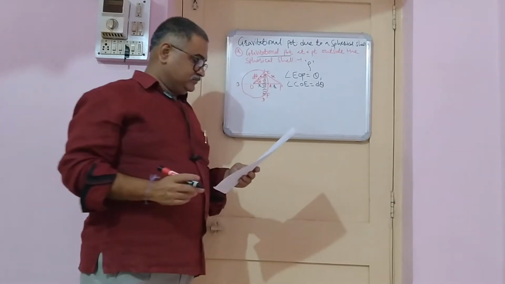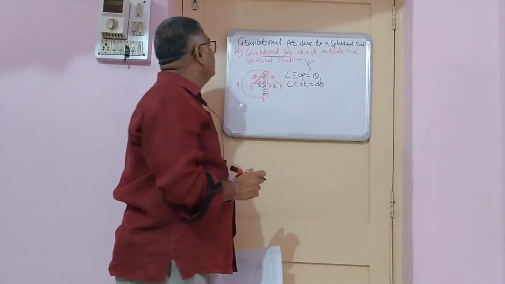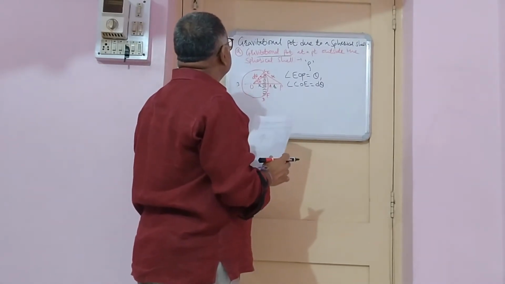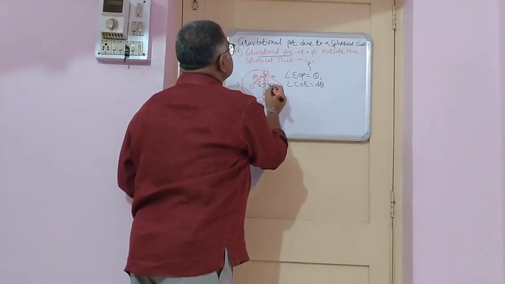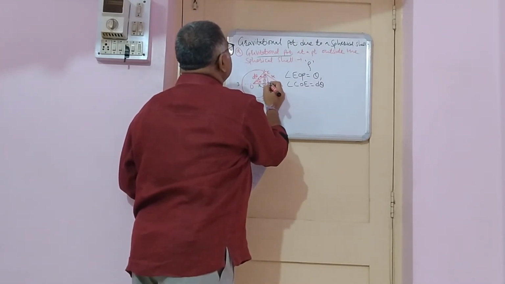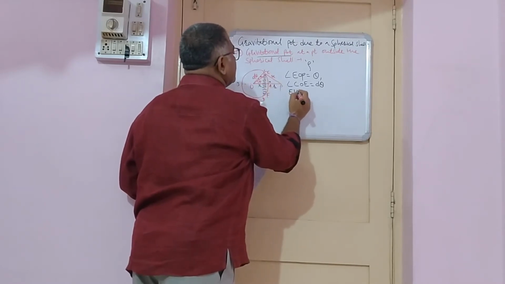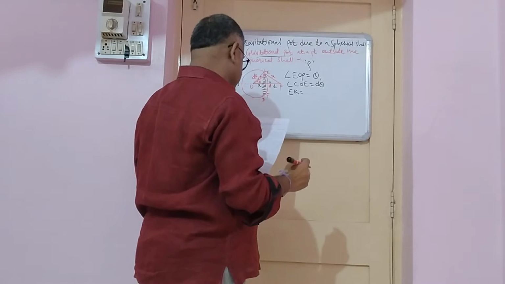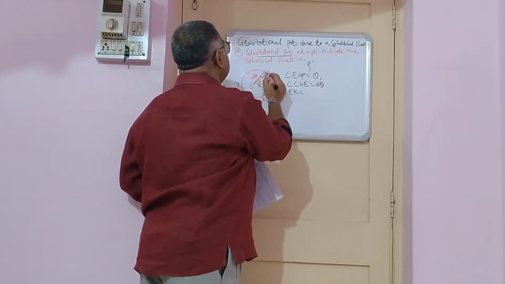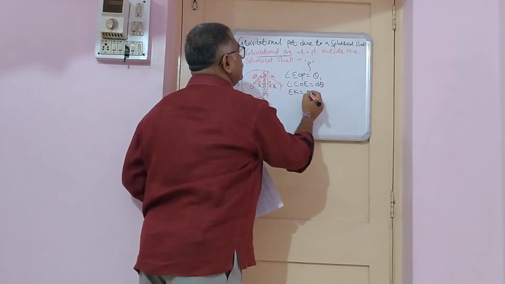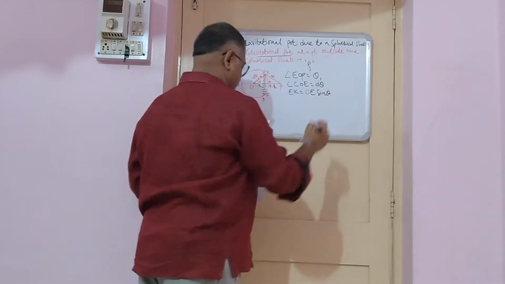From the diagram we can say that the radius of the ring, see EK, where is the K? This is the point here, we can say K. EK is nothing but OE sin theta.